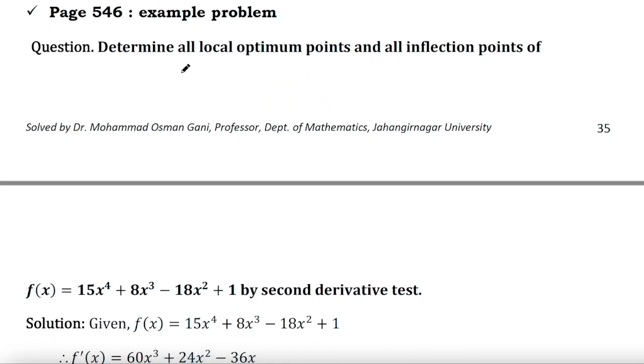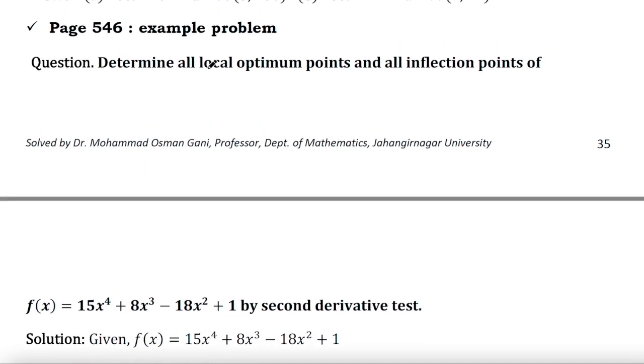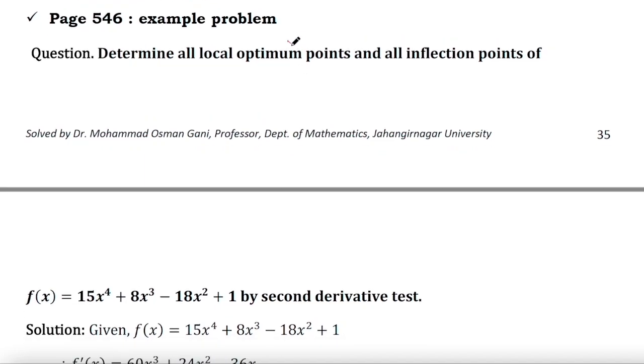And in this problem, you need to calculate all optimum points. Optimum points means maximum point as well as minimum point. And all inflection points, it means SIP and IP.